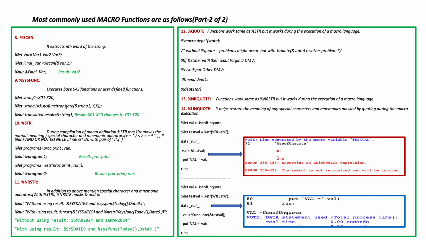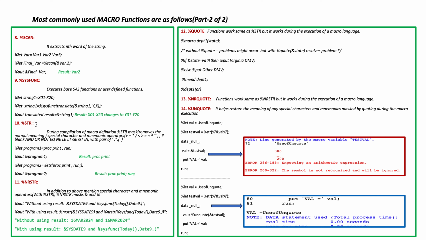Then we use the base SAS function translate with %SYSFUNC, because without using %SYSFUNC, translate cannot be applied. Here, by using %SYSFUNC, translate(string1, y, x). That means the value of x is replaced by the value of y. As a result, we obtain the final result y01-y20.